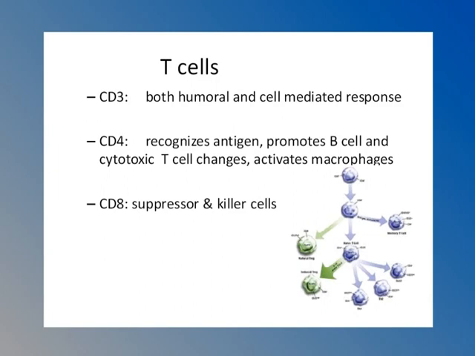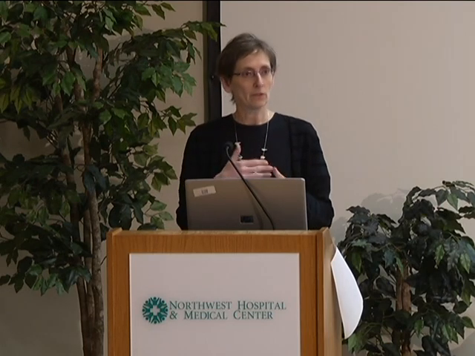So T cells are a family of cells, and I know that you can't see the cells down there on the right, but that's a T cell that differentiates it. So think of it as a family, and then CD3, CD4, those are just different names of the family members.